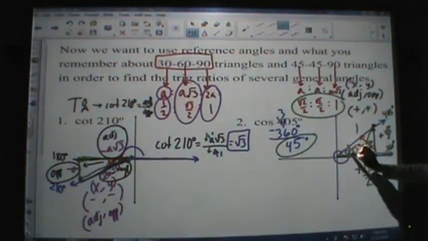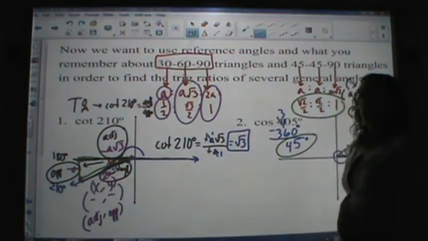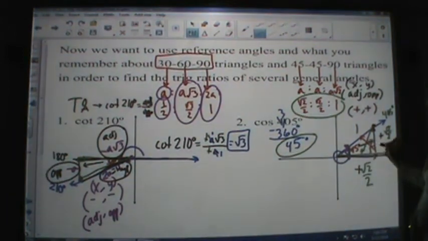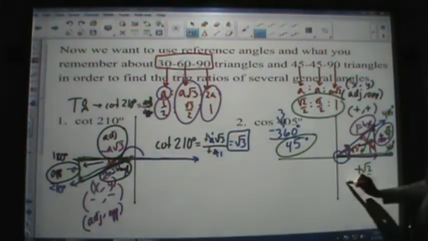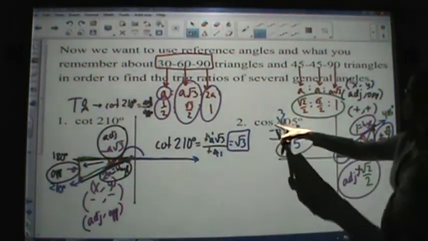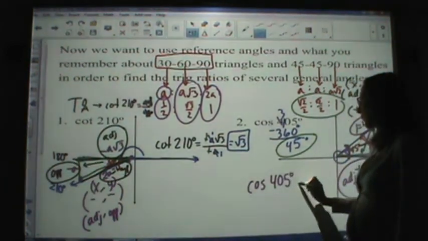If this is where theta is, which it is, theta is always at the origin inside the triangle you just drew. Slicing through it, we have our side we call opposite. Slicing through your 90, we have the side we call hypotenuse. And then the last side is our adjacent side. This question was to find the cosine of 405 degrees.